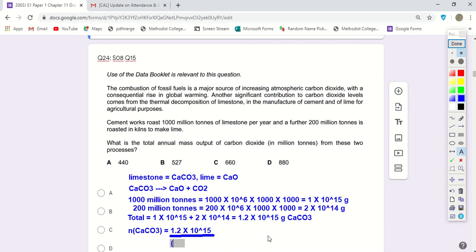So atomic mass of calcium is 40.1, for carbon is 12, for oxygen is 16, let's multiply by 3. So let's use calculator.